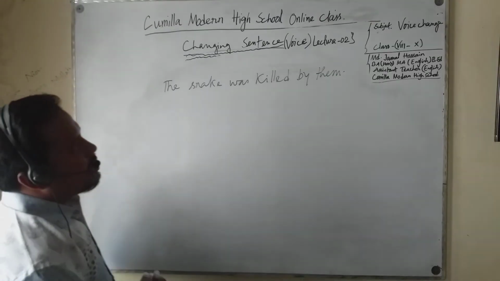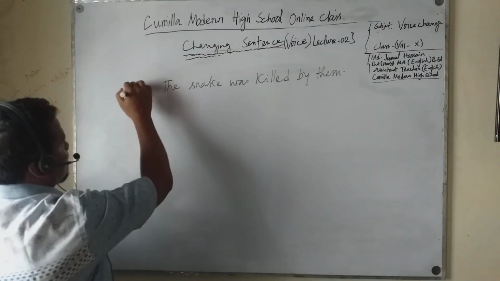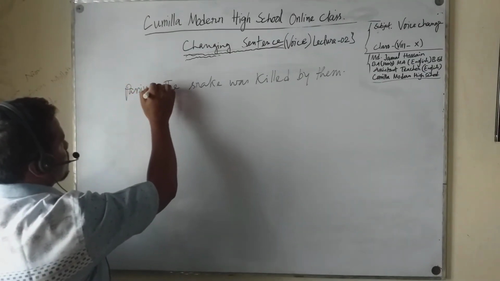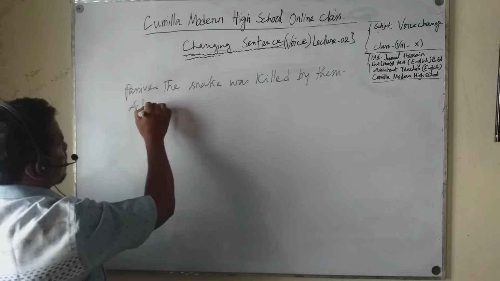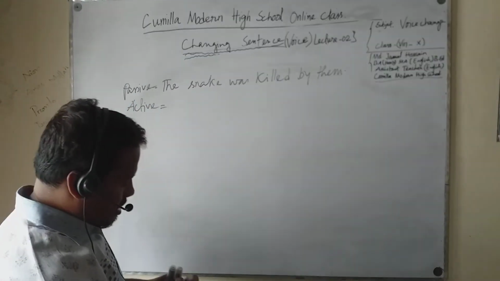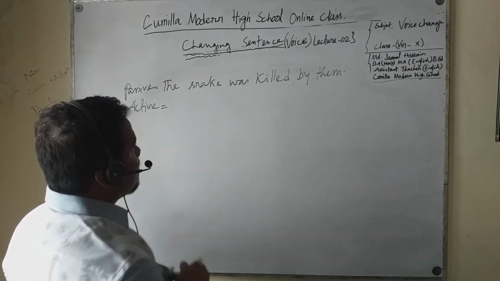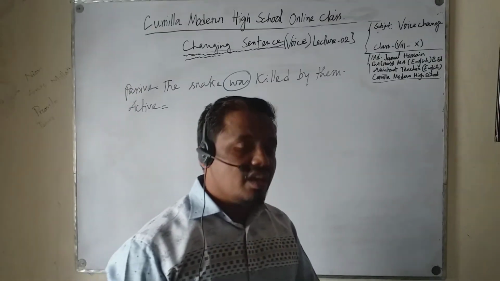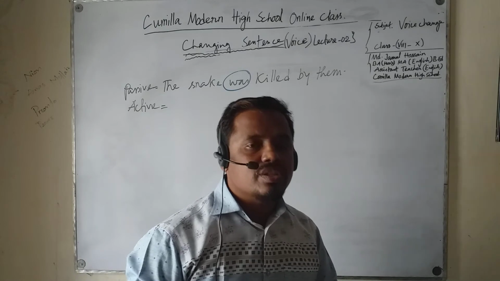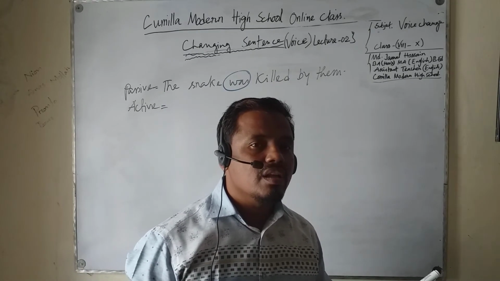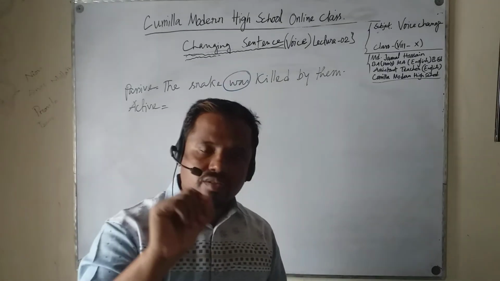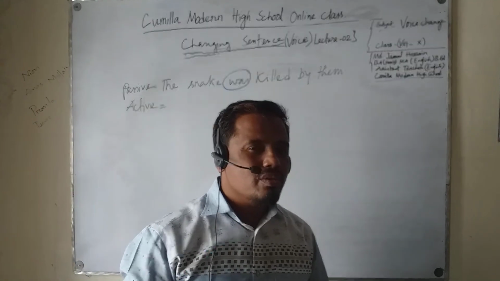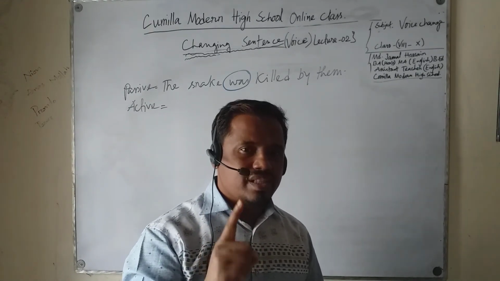Now here, look at the sentence. It's a passive sentence, and if you are asked to transform it into active, at first you will notice the be verb. The be verb here is was. Now ask yourself, in which tense we use was or were? Okay, you're right. In case of simple past tense, we use was and were for passive sentence.